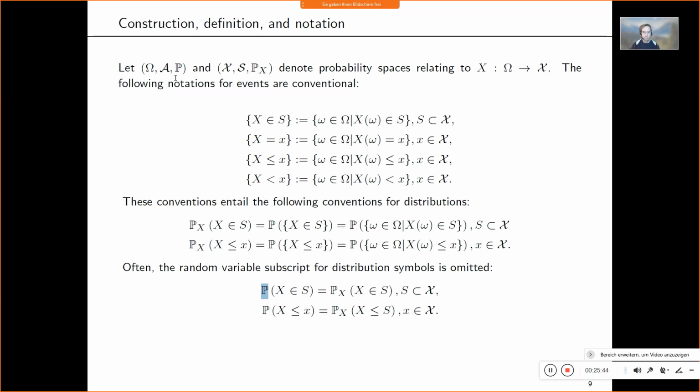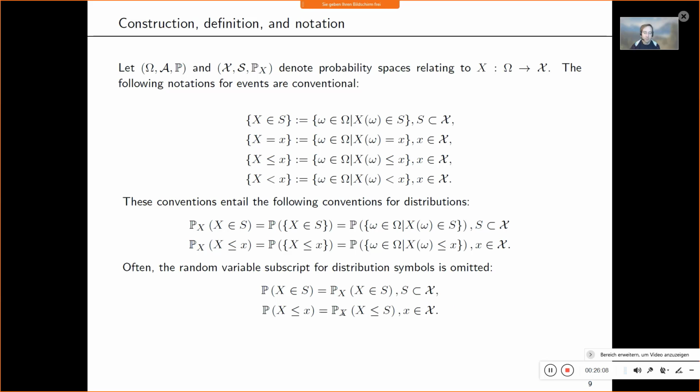However, as I will show you in a second, there is a specific case, namely when the random variable is the identity function, where this in a way does not really matter, and then of course it's a little bit annoying to always have the subscript x here when you see that you're talking about the distribution of a random variable x.